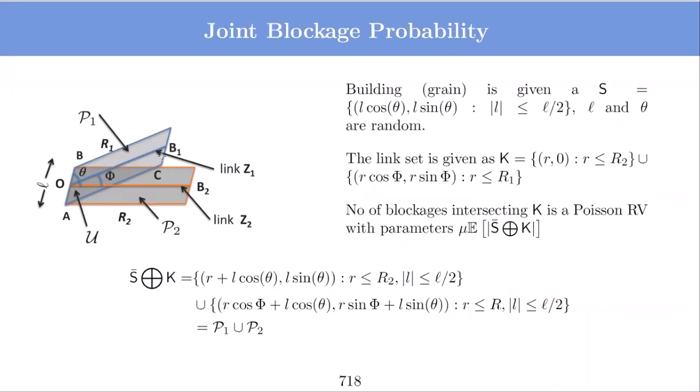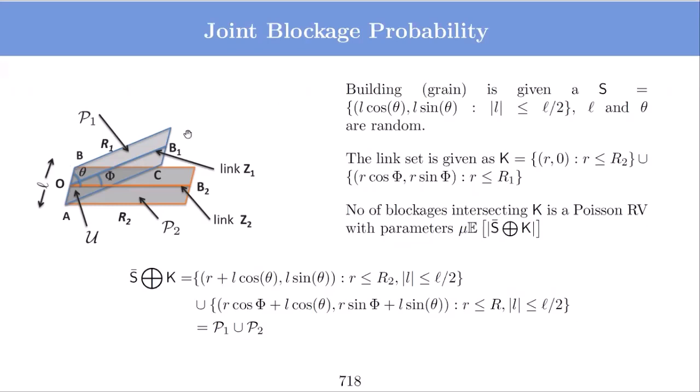Again, you can also prove this by using the Minkowski sum argument. So here we are interested in non-blocking of these two links, right? So if I consider the set, my set K would be the union of these two lines. The number of grains falling on this union of links, set K, will be given by the Minkowski sum of this set K and the blockage.